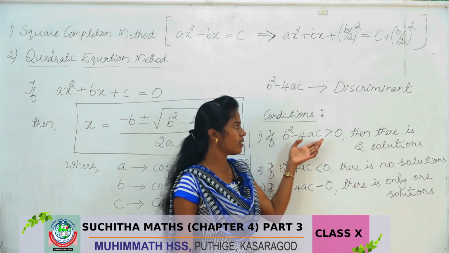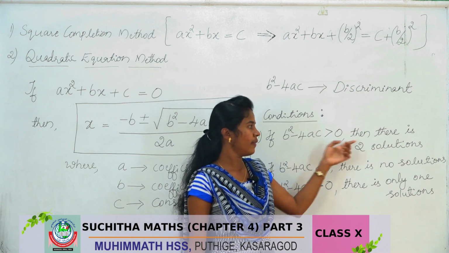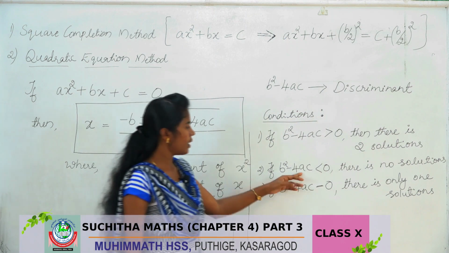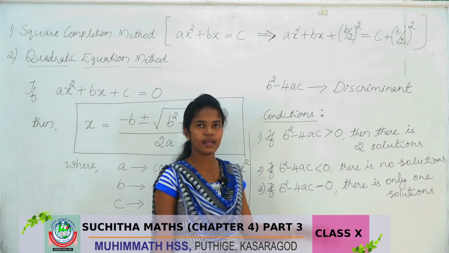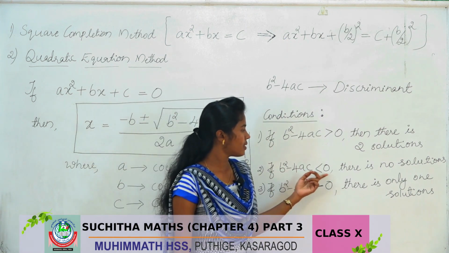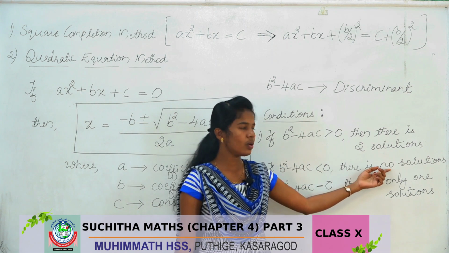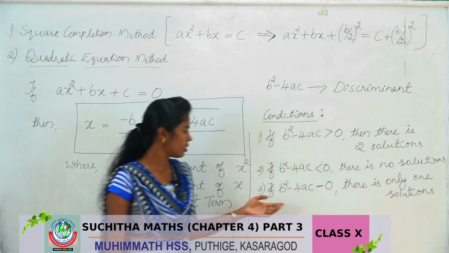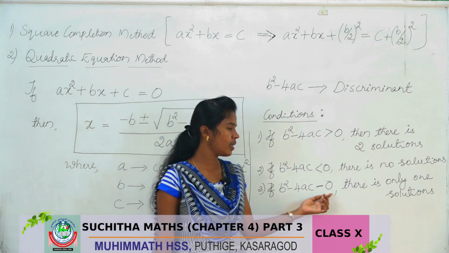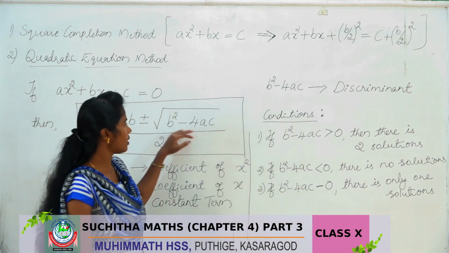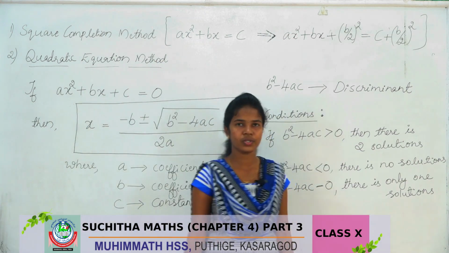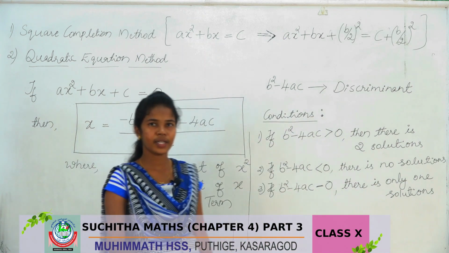Second condition, if b square minus 4ac is less than 0, meaning a negative number, then there is no solution. Third condition, if b square minus 4ac is equal to 0, then there is only one solution. These are the three main conditions.